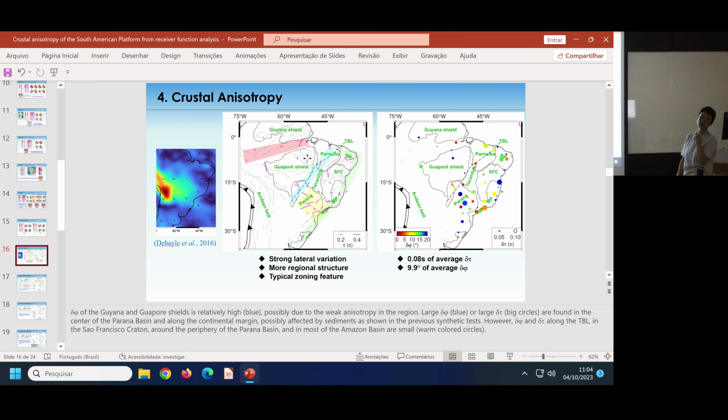Yeah, I can't discriminate this. Actually, the way I see your results, your result is really favoring the underplating idea more strongly, and the very thick crust that we attribute to the Parnaíba basin will be discussable, whether it's really crustal thickness or underplating thickness.